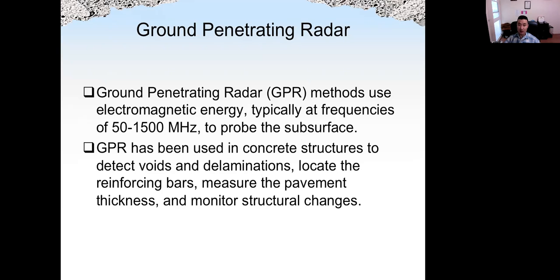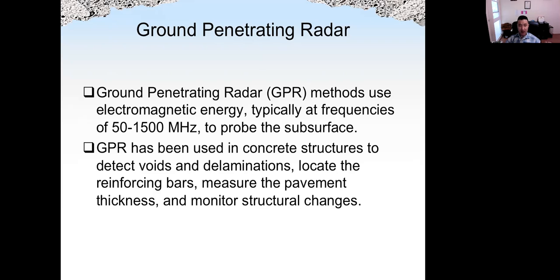As we can see, the frequency is between 50 to 100 megahertz, so this is in the range of 1 gigahertz. It can send EM pulses with very short duration, around 1 to 3 nanoseconds, and analyze the echoes reflected back into the GPR machine.